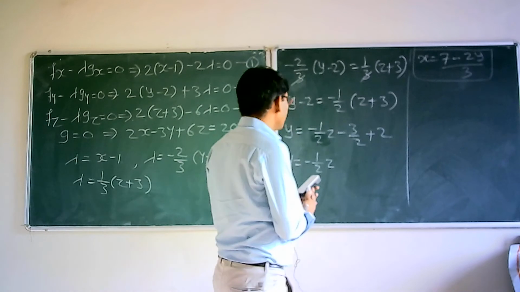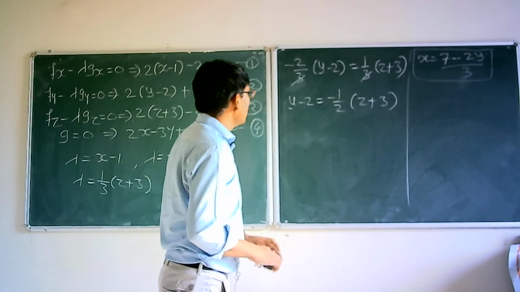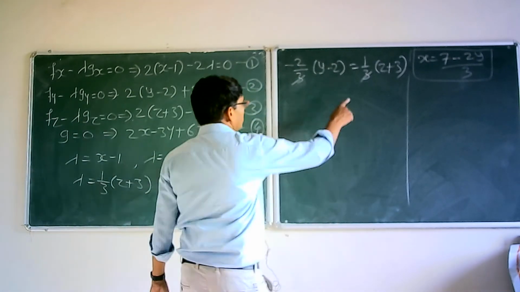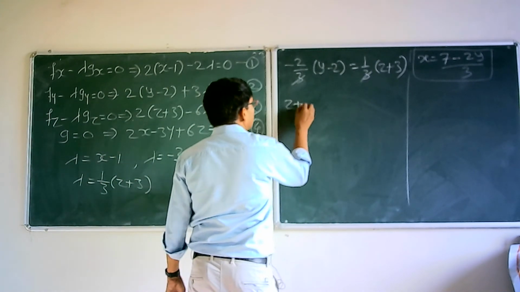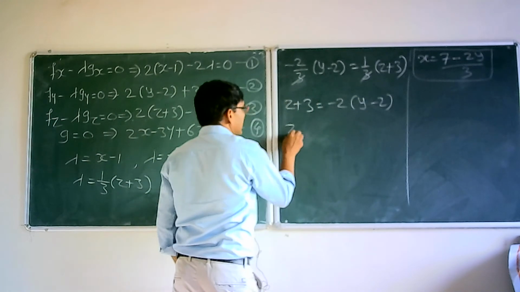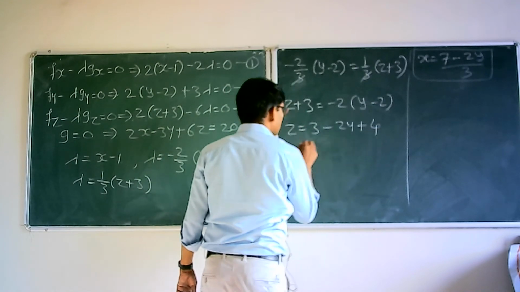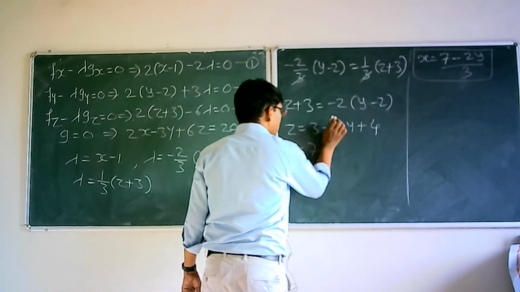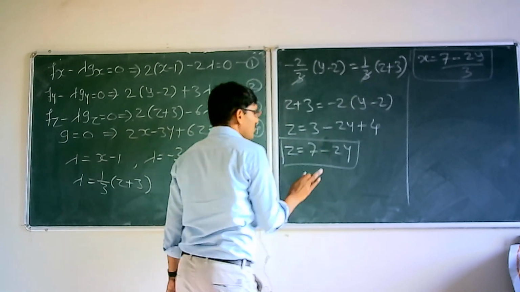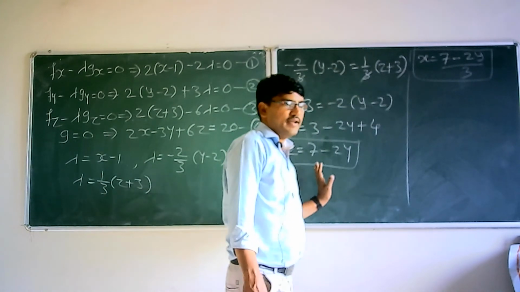So z plus 3 is equal to minus 2 times y minus 2, so z is equal to 3 minus 2y plus 4. So z is equal to 7 minus 2y. Here we obtain the relation between x and z in terms of y.